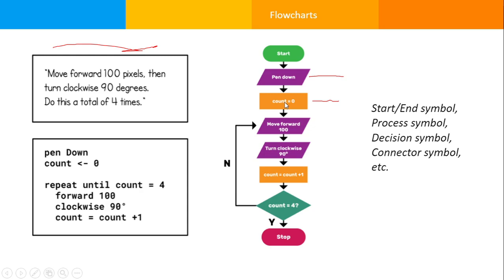So this count here is a variable that is going to store a count. If these two inputs take place, then you process this count to move from 0 to 1. So count is equal to count plus 1. So this time, count holds the value 1.